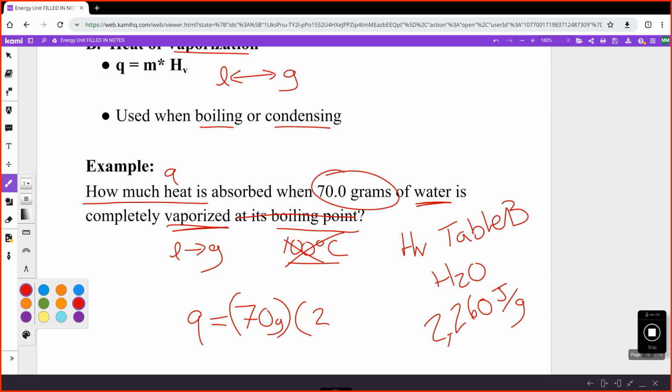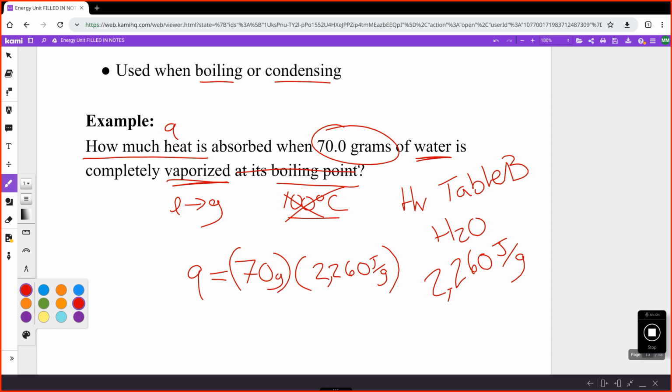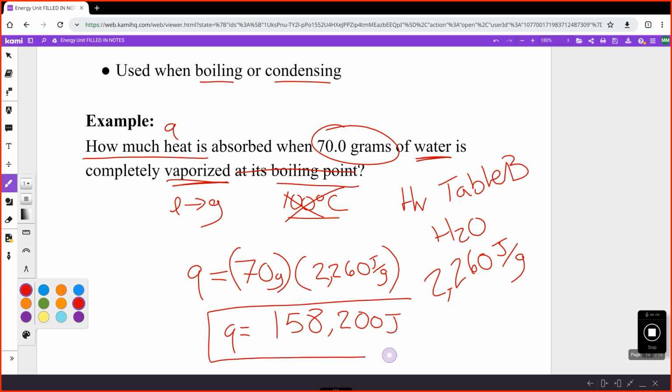So we're going to be taking our 70 grams and multiplying that by 2,260. Punch that into a calculator: 70 times 2,260. We find out that it requires 158,200 joules of energy in order to boil 70 grams of water.